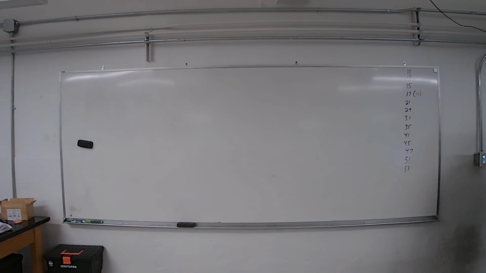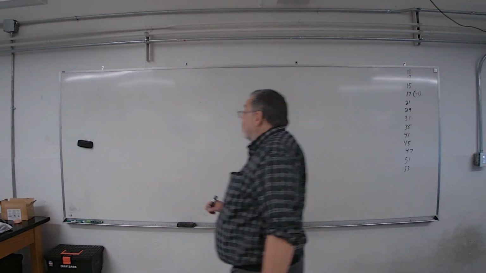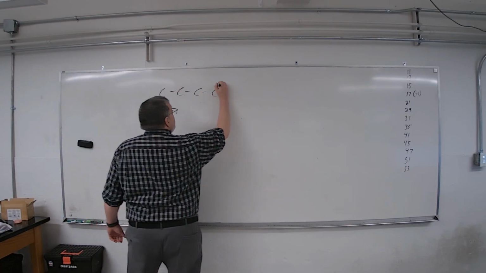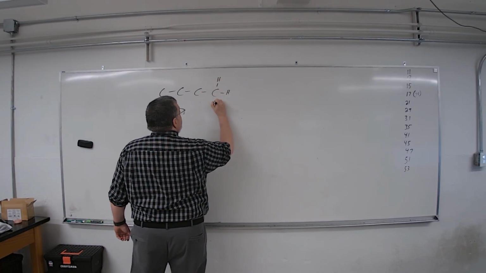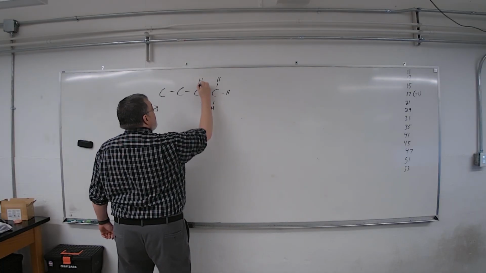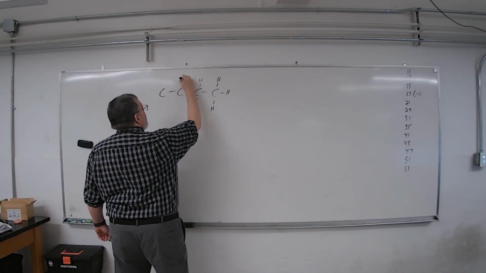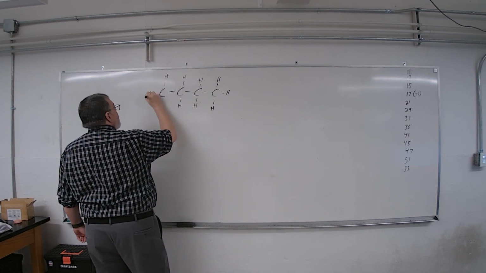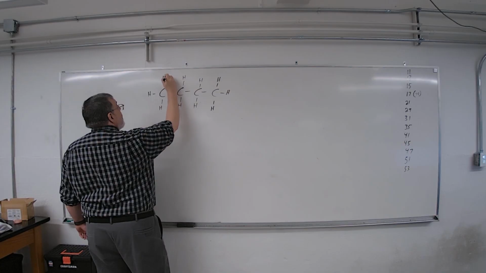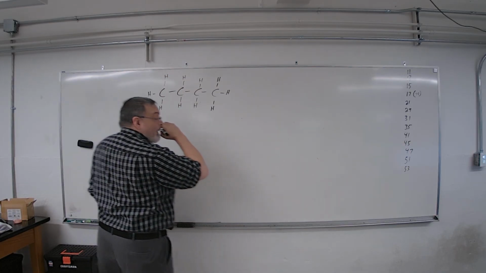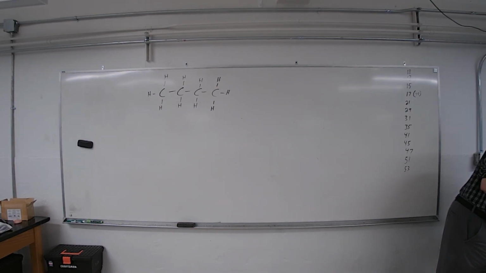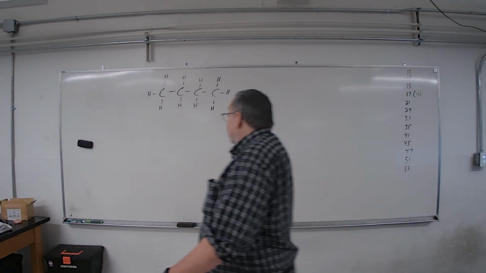For this one, you need to know the structure, and I will give you structures. N-butane is, so look at this structure. Versus chloropropane, chloroethane.